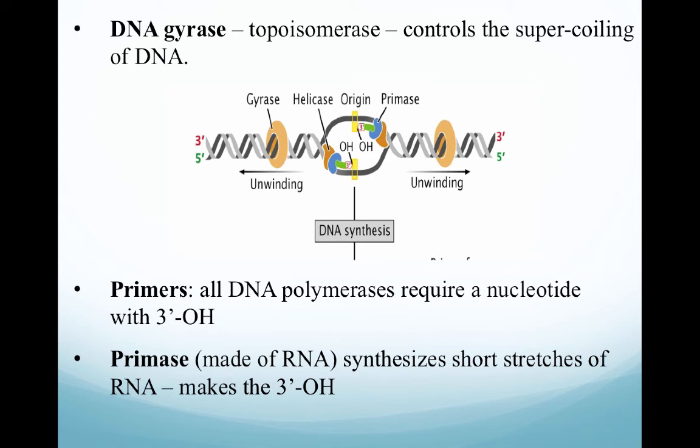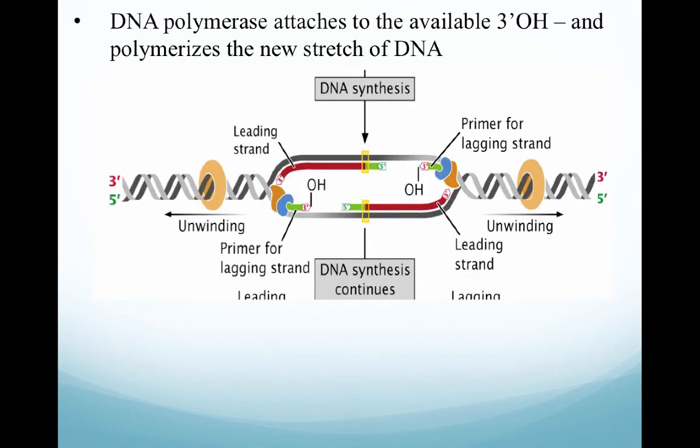And finally, one of the last enzymes that are involved is DNA primase. And primase is made up of RNA, not DNA. Primase is going to synthesize short stretches of RNA that is going to make that 3' OH group.